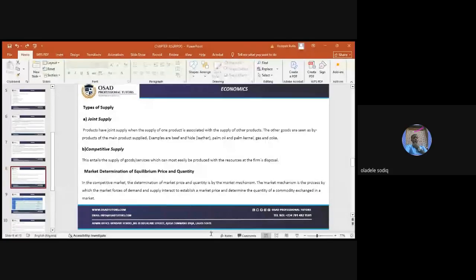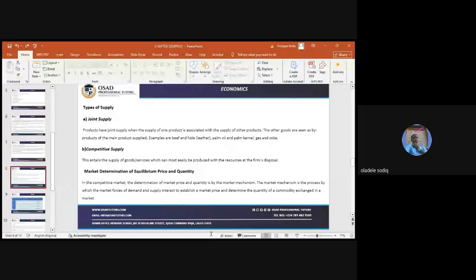So let's move on to types of supply. Just as we have types of demand, we also have types of supply. We have joint supply. What is joint supply? We say products have joint supply when the supply of one product is associated with the supply of other products.